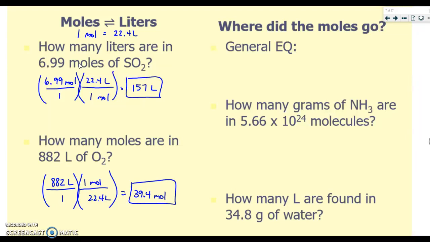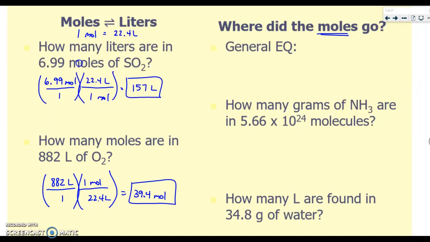Of course, we can also solve problems where we're converting from grams to particles, or particles to liters, and so forth. These are problems that will not have the word moles in them. They are called multi-step conversions, and they really are where the map plays a major role.